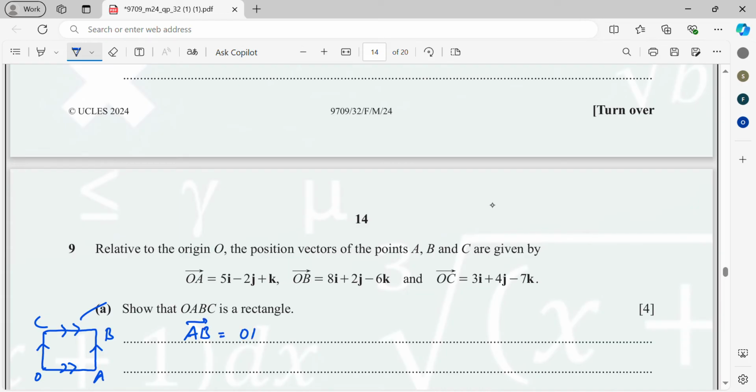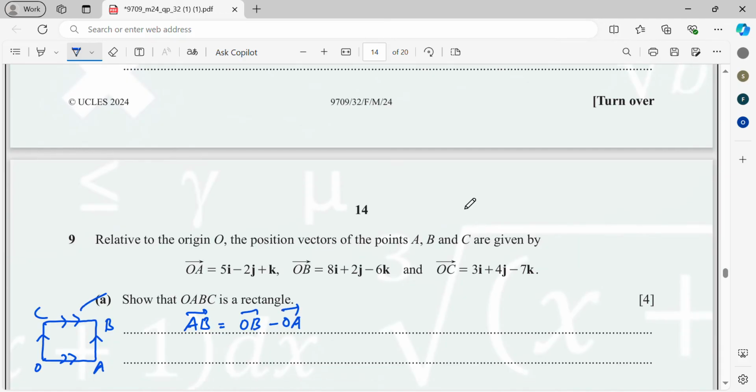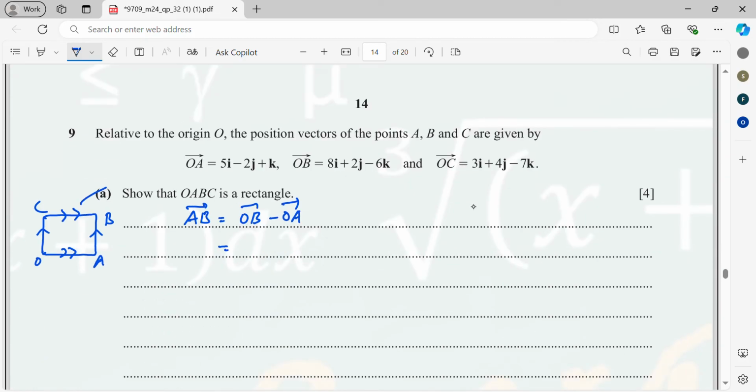Vector AB is OB minus OA. That is going to be 8, 2, minus 6, minus the OA, 5, minus 2, 1. Then this is going to be 3, 4, minus 7. Okay, so I compare AB with OC.